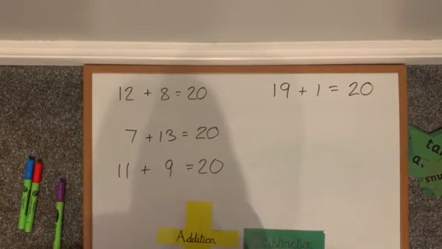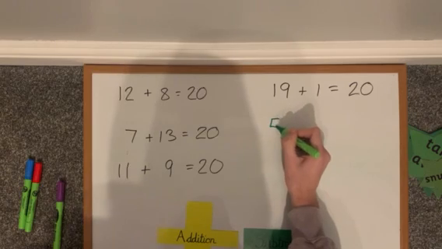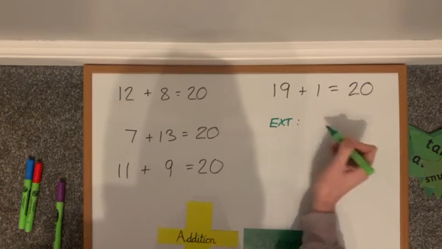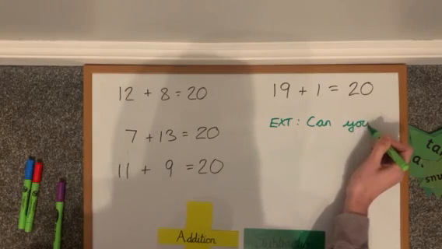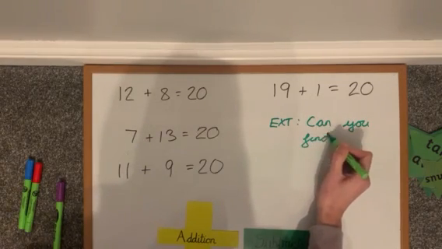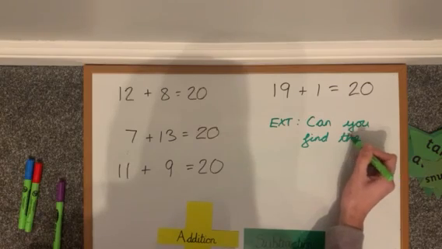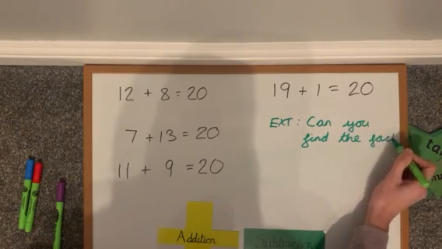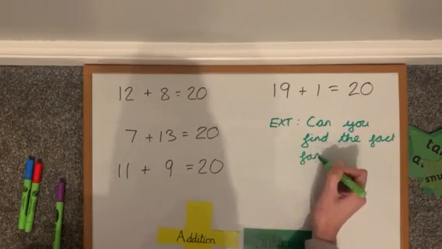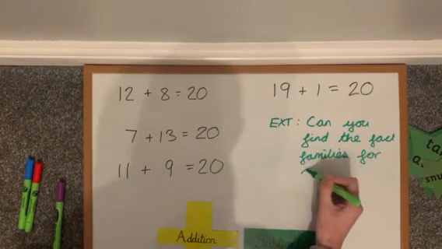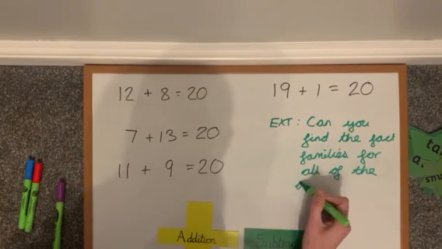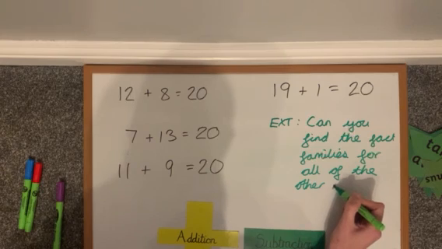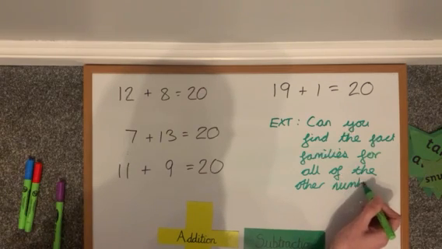And then the extension, if you would like some extra work to do, can you find the fact families for all of the other number bonds to 20.